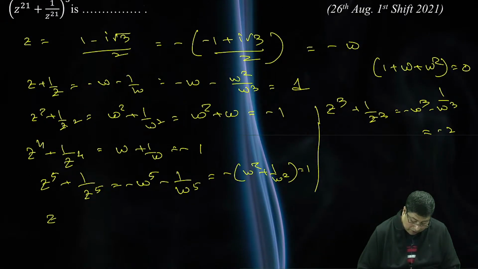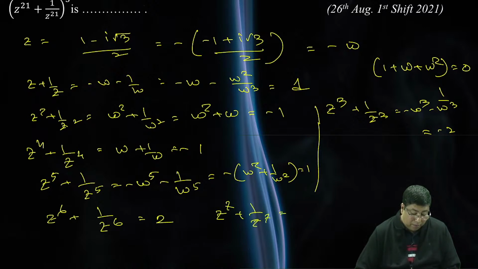Z to the power 6 plus 1 by z to the power 6, whatever we are getting here, that is 2, okay? And in this case, z to the power 7 plus 1 by z to the power 7, we are getting minus omega to the power 7 minus omega to the power 7. We are getting minus omega minus 1 by omega.